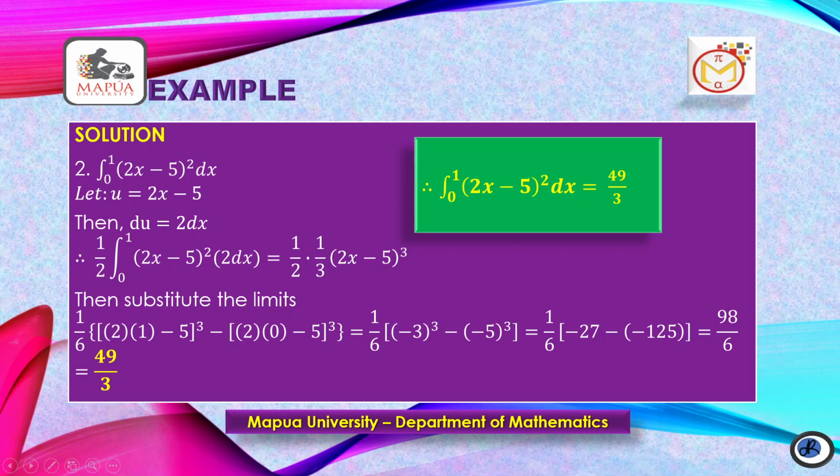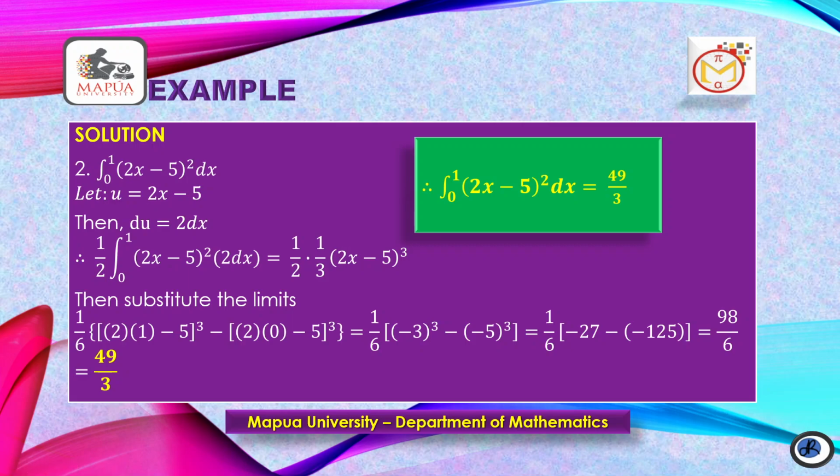As we discussed, we always have to verify if the derivative of the u is given in the integral. So getting the derivative of u as 2x minus 5, then the derivative of 2x is 2dx. Then upon checking, the given derivative here is only dx.